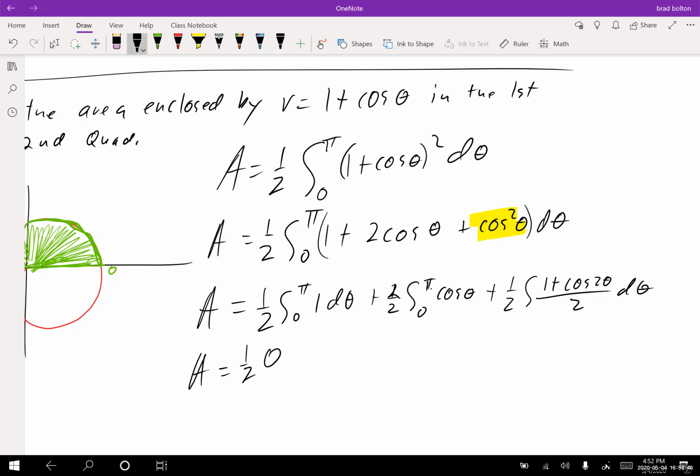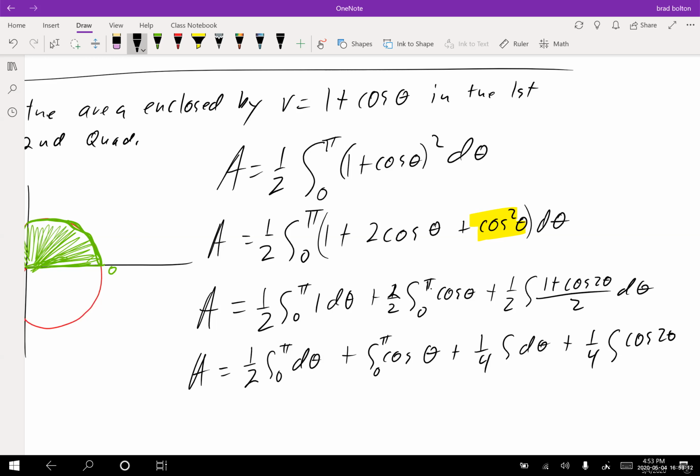So I'm going to do 1/2 integral of pi, I'll just do d theta, plus integral cosine theta plus, now this will be 1/4 times the integral of d theta plus 1/4 times the integral of cosine 2 theta. And this is from 0 to pi.